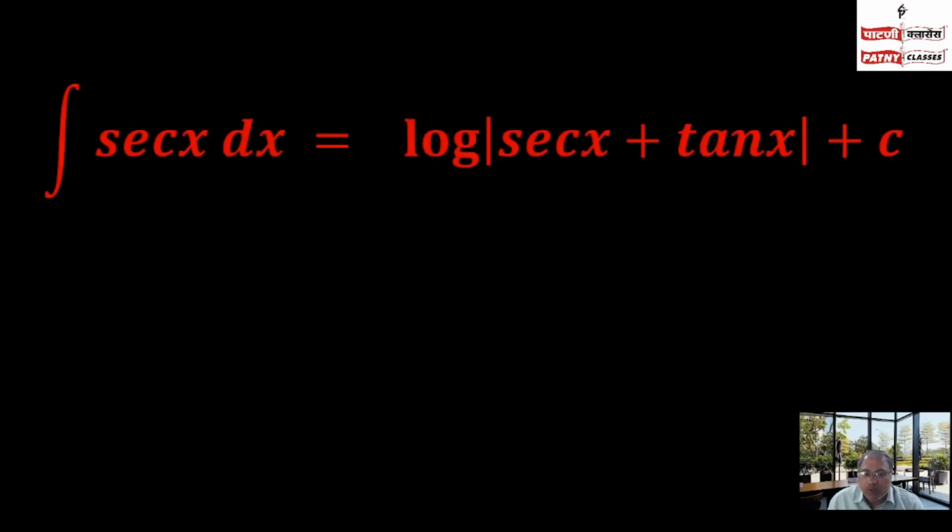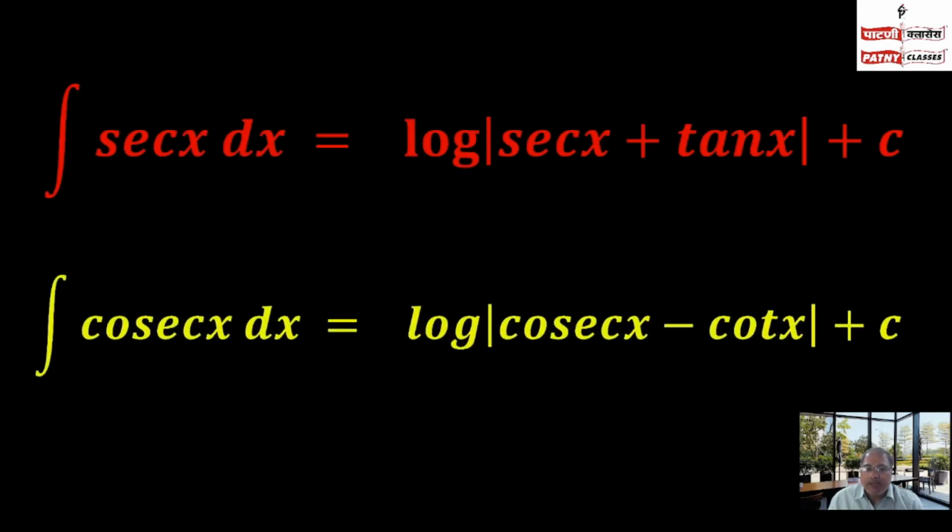Now we are going to talk about integration of secx and integration of cosecx. Integration of secx with respect to x equals log of secx plus tan x. Of course the modulus is there, so log of modulus of secx plus tan x plus c.